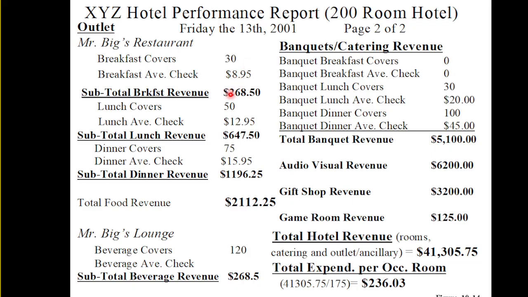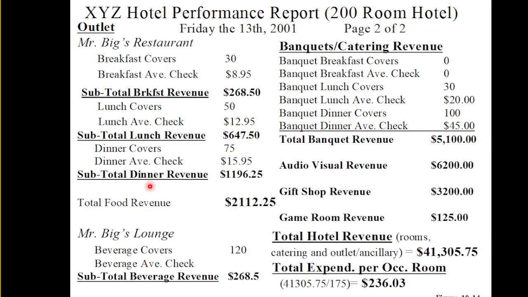So 30 times $8.95 is equal to $268.50. Same with the lunch covers. They have 50 heads. Per head is $12.95, a total of $647.50. Okay? Ganun lang kasimple. Times lang.